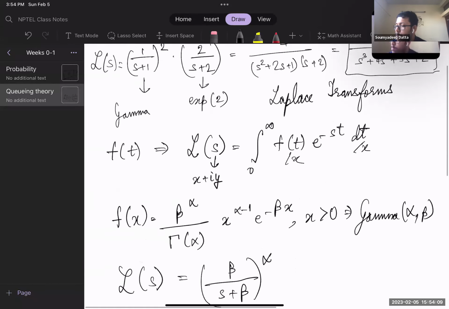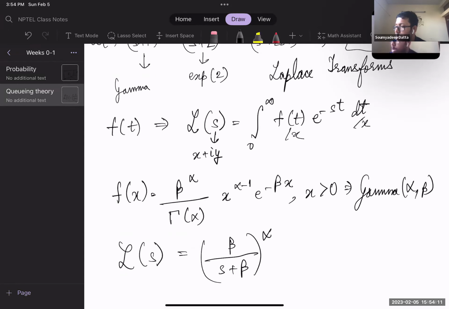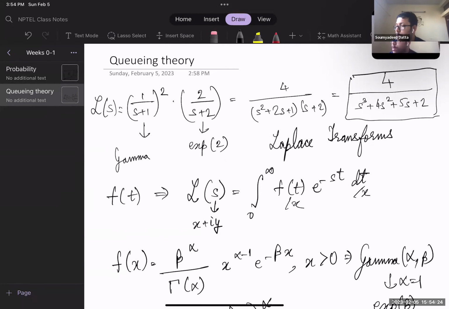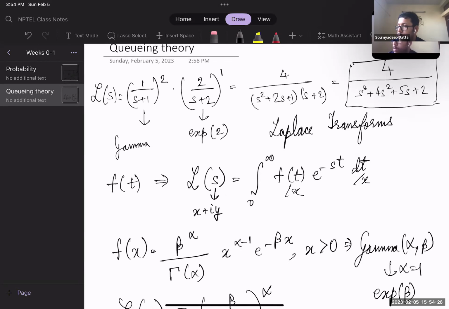If you put alpha equal to 1, then the gamma reduces to an exponential with mean beta. Alpha equal to 1, then this becomes exponential with mean beta. So this is the Laplace transform of an exponential, to the power 1.